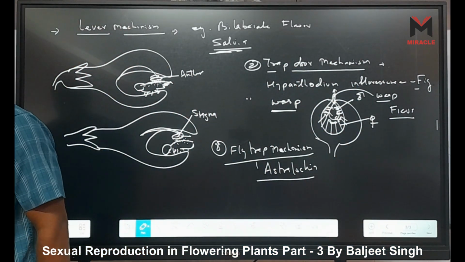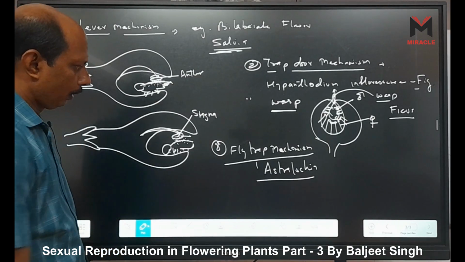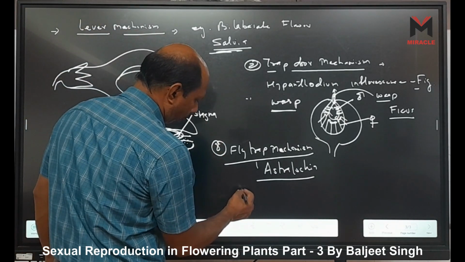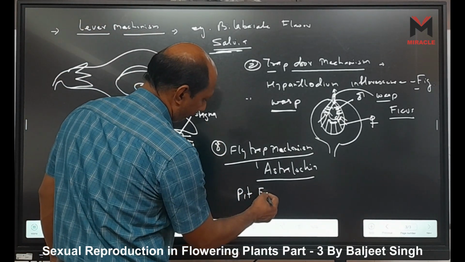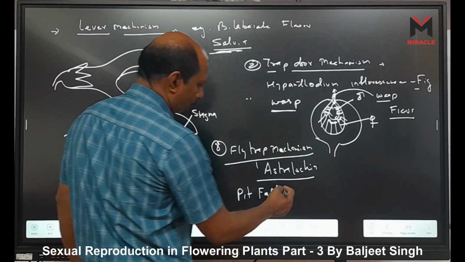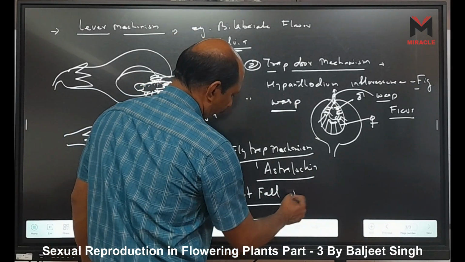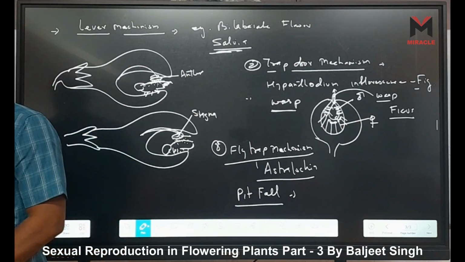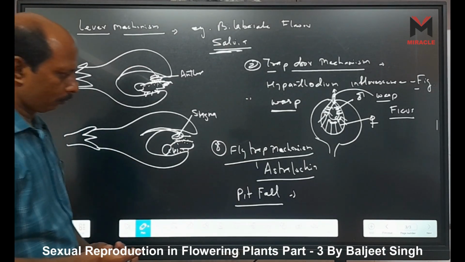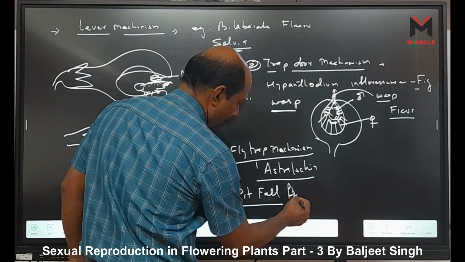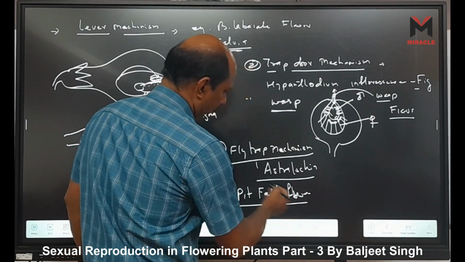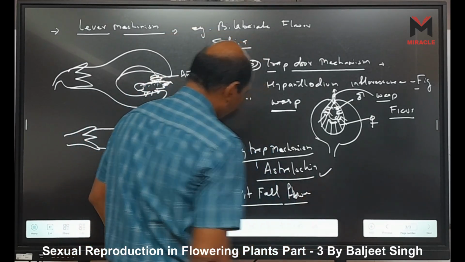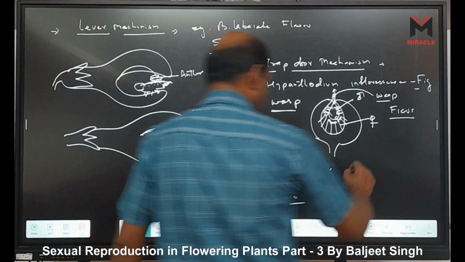So this one is called fly trap, or this is also called the pitfall mechanism, or pitfall flowers, right? We can say here flower in Aristolochia.